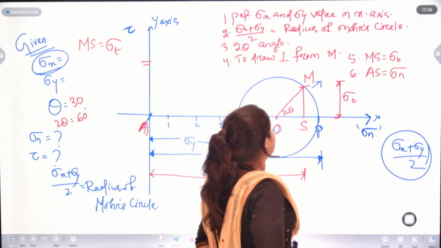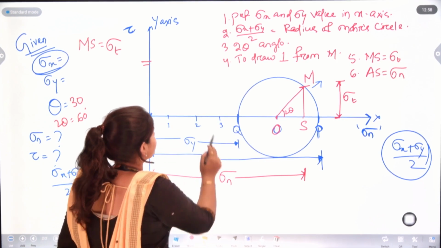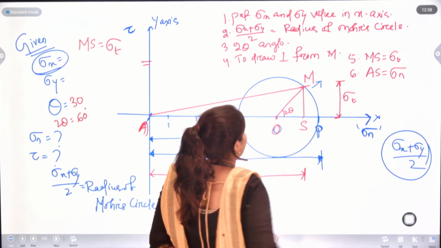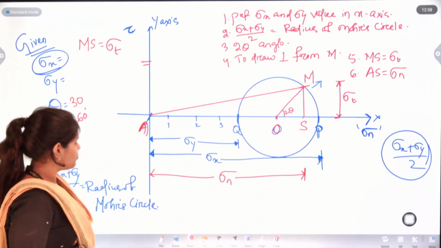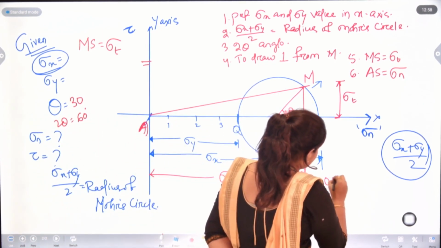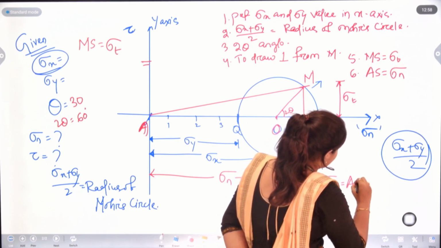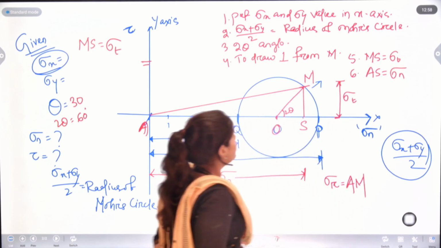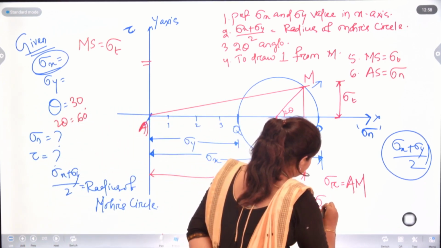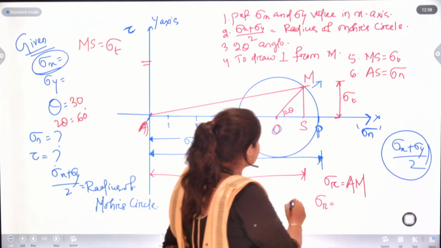Next is to find out your resultant stress. So the resultant stress will be AM. Let's call it sigma R. That will be your AM. So the value of AM, after drawing, we can calculate that.